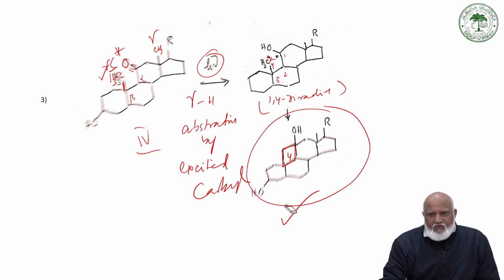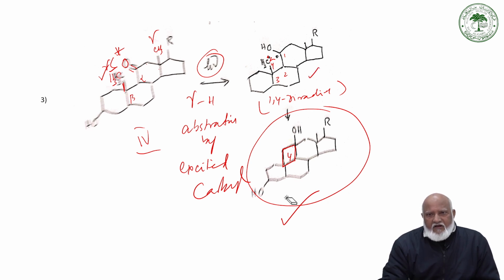I do not know the yield of this product, but the reaction does take place, and it follows the type 2 reaction by abstraction of the gamma hydrogen by the excited carbonyl to give a 1,4 diradical, which couples to give this.